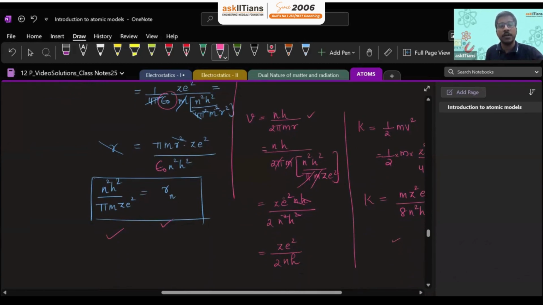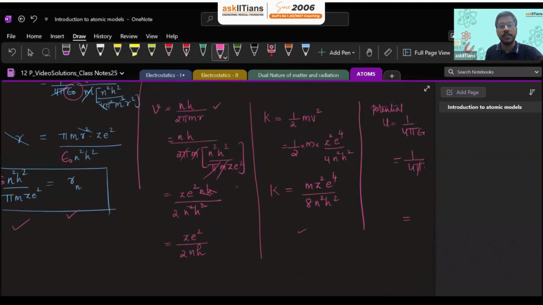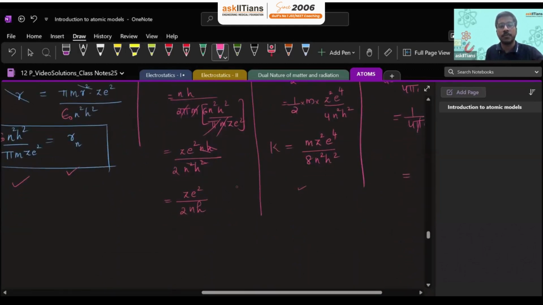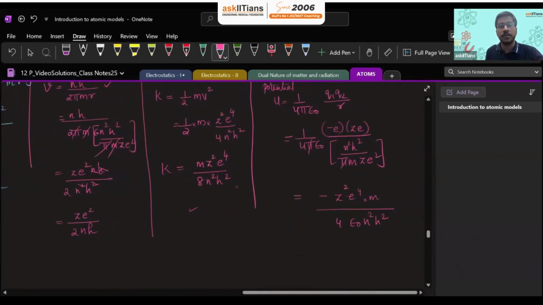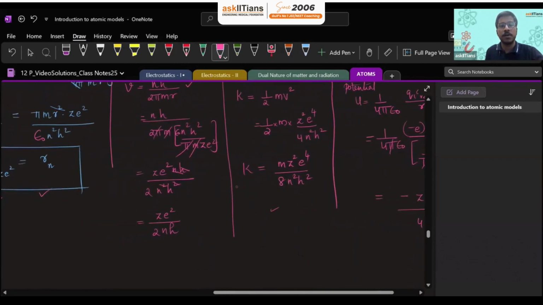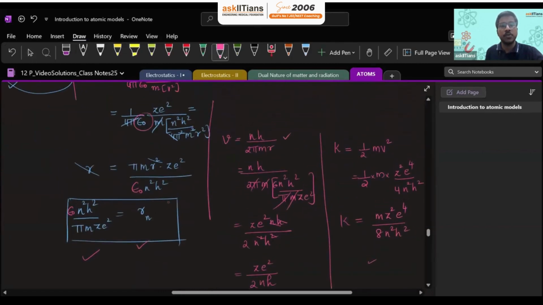So epsilon naught n square h square by pi m z e square. Okay, that was a small error. So putting this here, this is epsilon naught n square h square. So actually we have to square it over here.